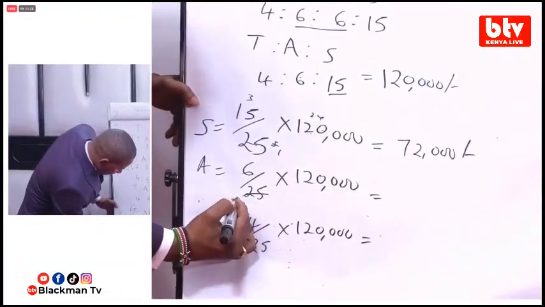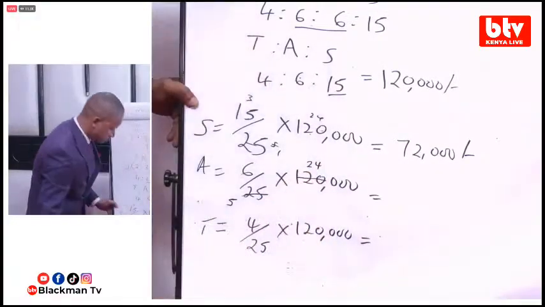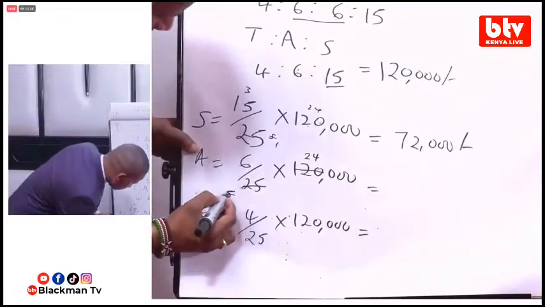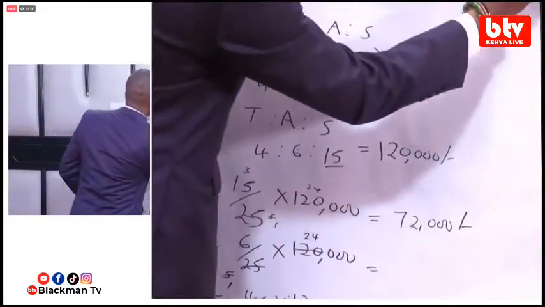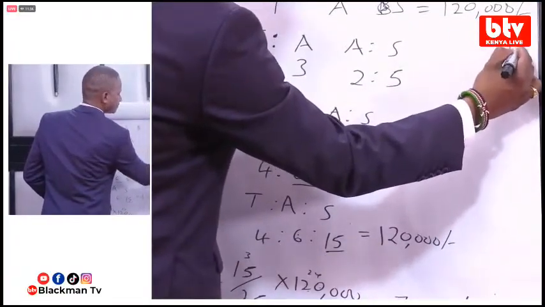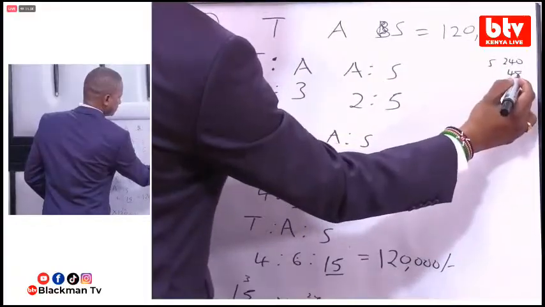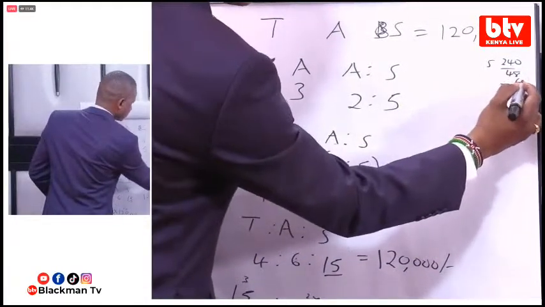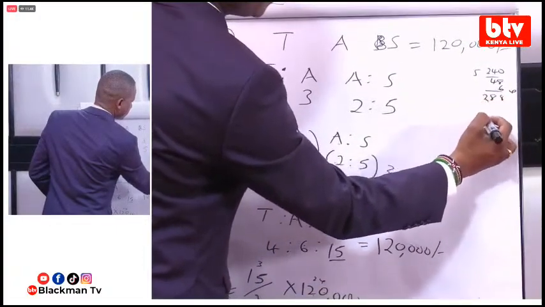What about here? 5 here, 5. 5 into 120, 24. Then 5 here once. 5 into 240. Let me do some rough work. You just use a calculator. This is a simple thing. This is 48, then times 6. This is 48, carry 4, 24, 28.